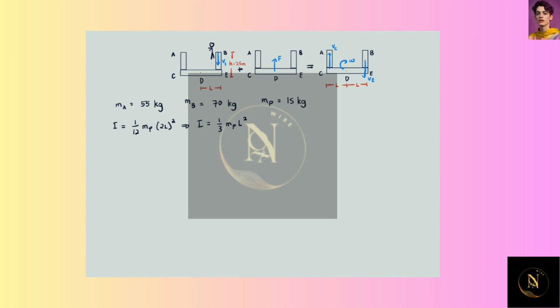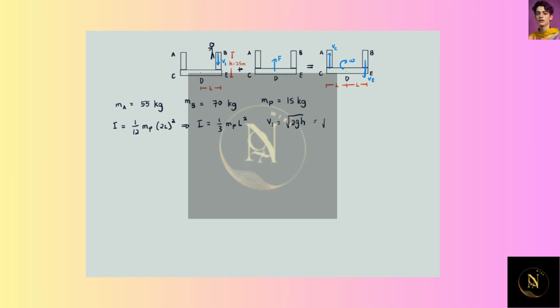We can also calculate already the velocity at which the gymnast strikes the plank. This would be our V1. Since gymnast B fell on the plank after he jumped at the height h, the velocity v1, which is his final velocity, can be calculated using the equation v1 equals square root of 2gh.